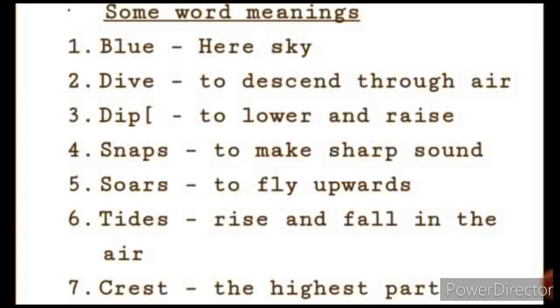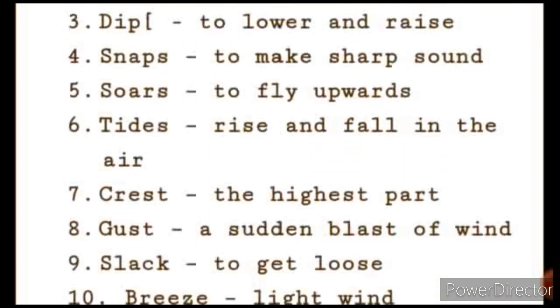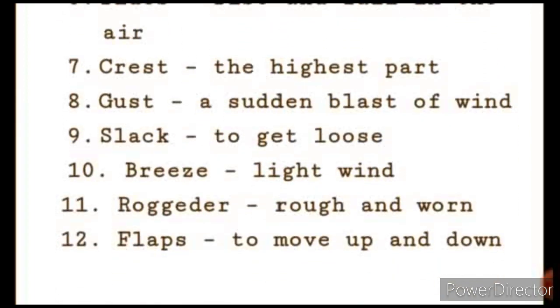Rise and fall in the air. Crest. The highest part. Gust. A sudden blast of wind. Slack. To get loose. Breeze. It's a light wind. Ragged. Rough and worn. Flaps. To move up and down.